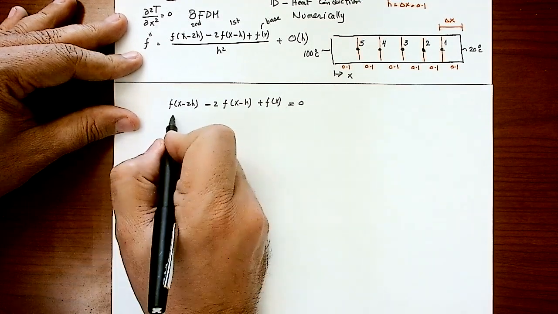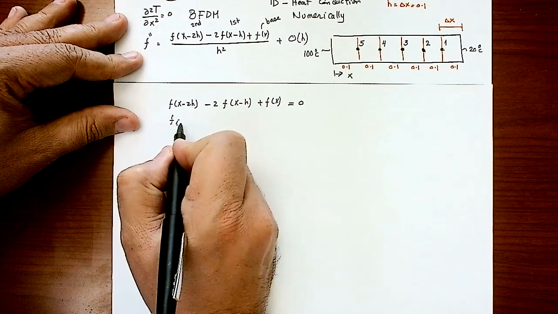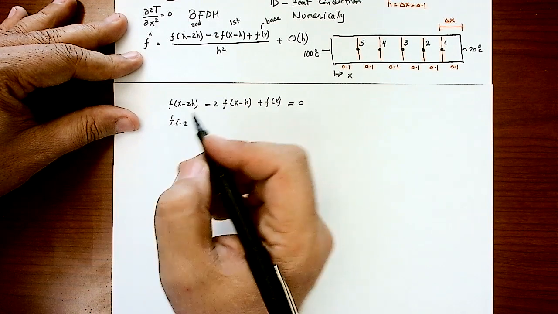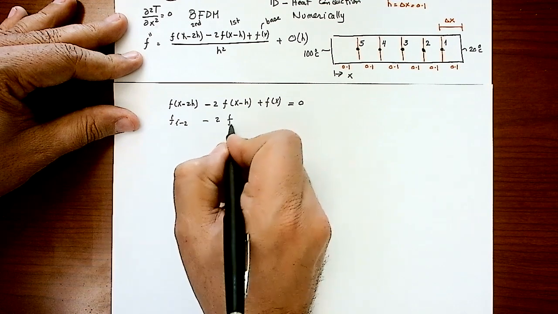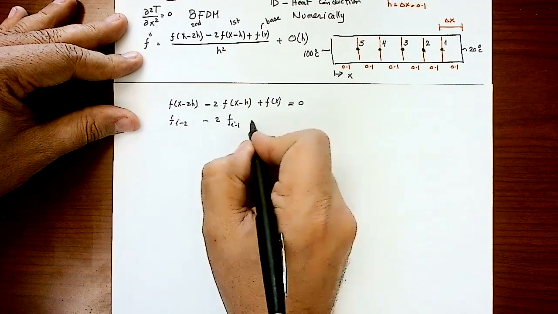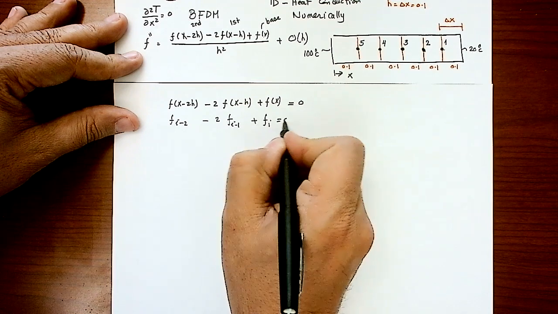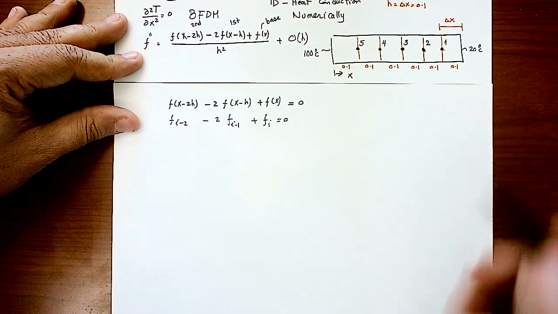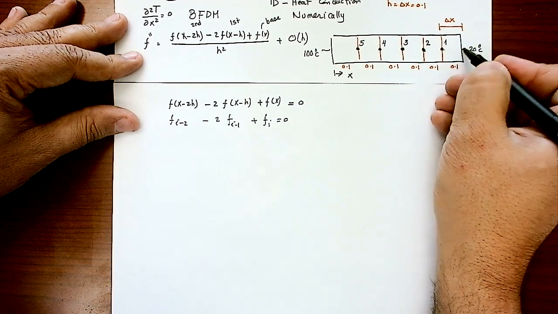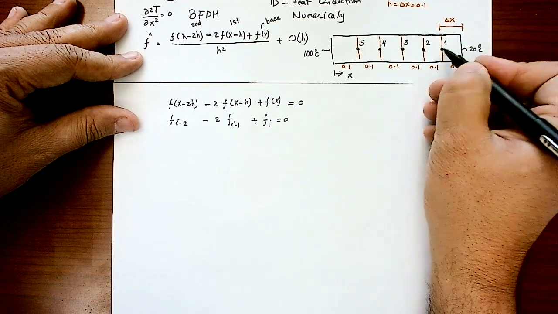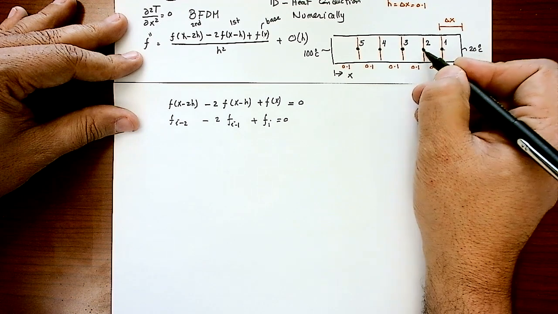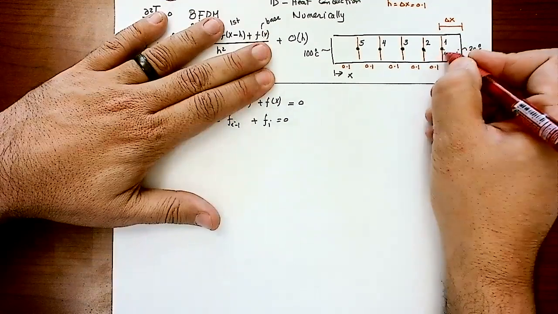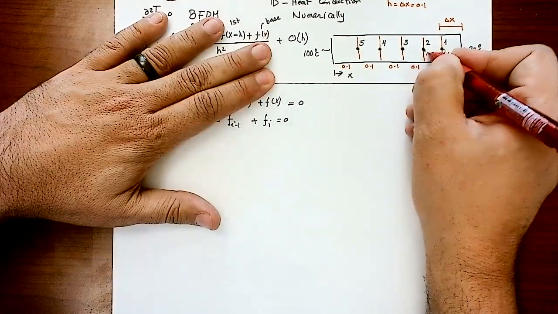So f of i minus 2, minus 2 f of i minus 1, plus f of i equals 0. This is the general form of the equation. If this is your i point, this is i minus 1, and this is i minus 2.